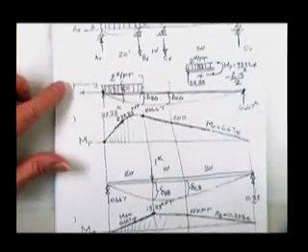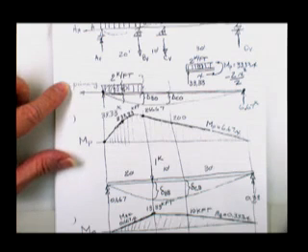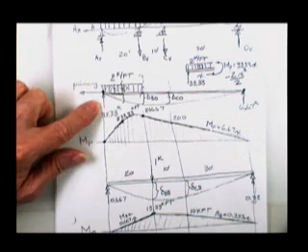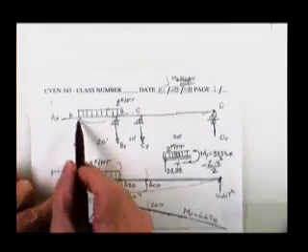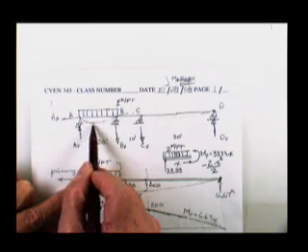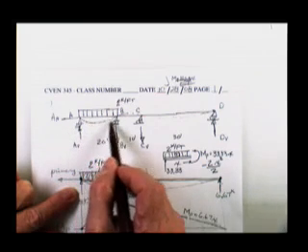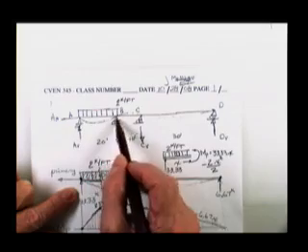All right, so we took the original structure, turned it into a primary structure, put the real loads on it. Who knows, we may get lucky. The structure may deform just like we want it to. That pushes that down.